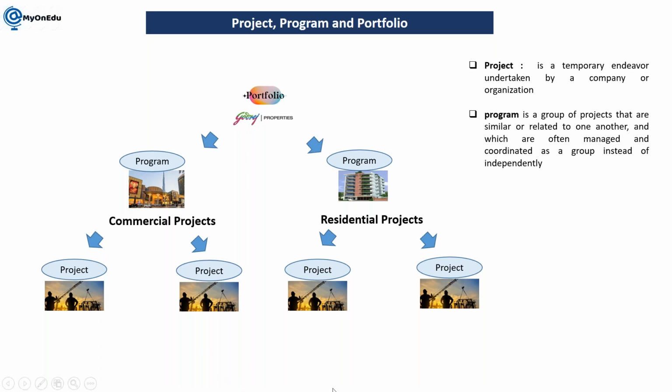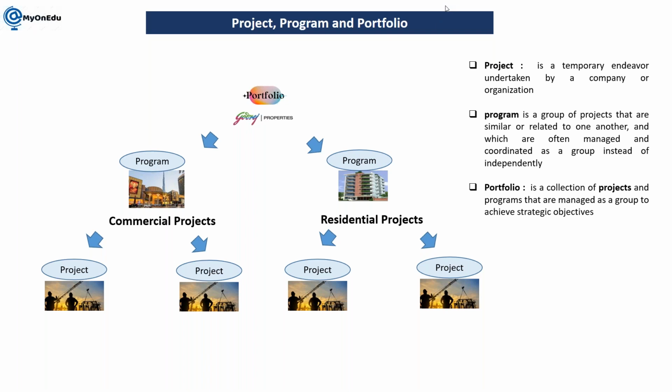So similar projects are kept in one place, and this group where we do all similar projects we call a program. A portfolio is a collection of projects and programs that are managed as a group to achieve strategic objectives.